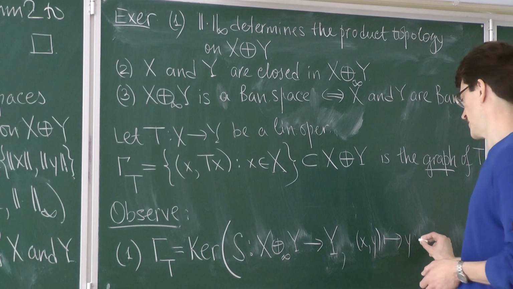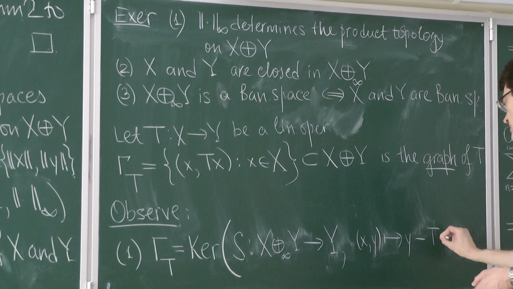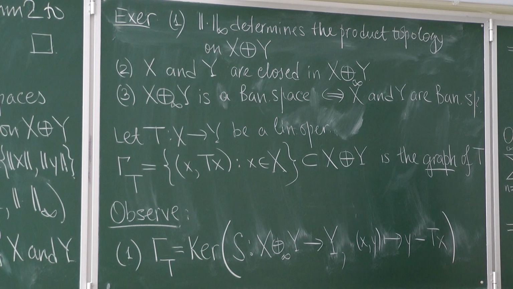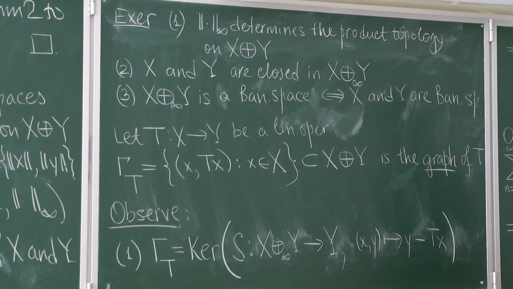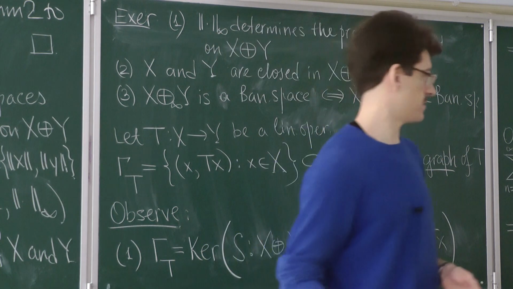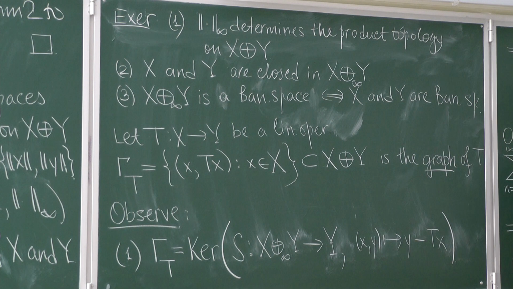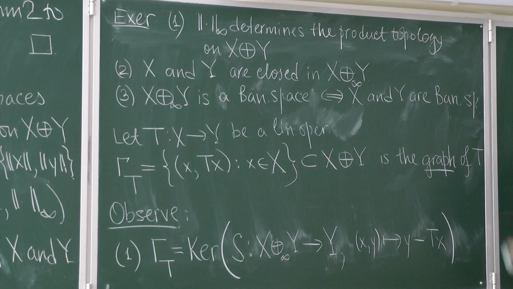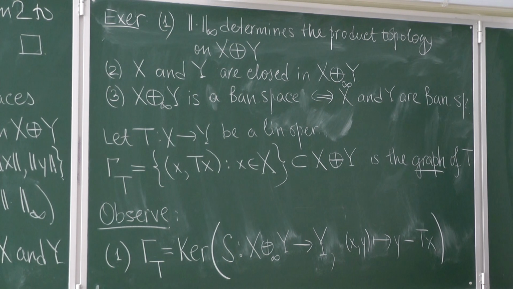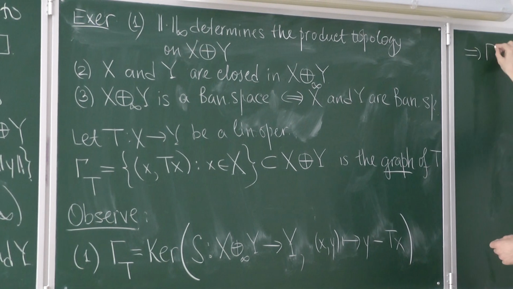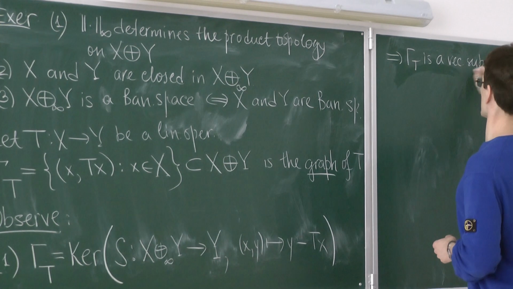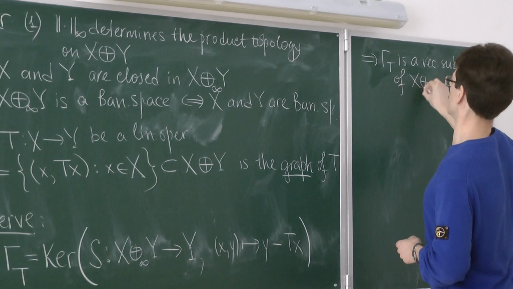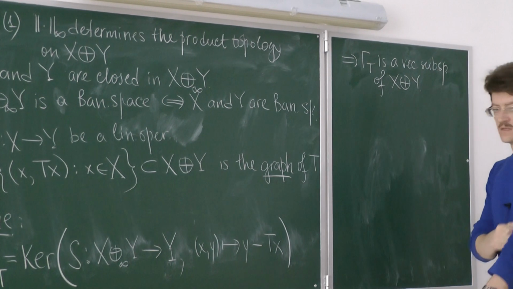It takes each pair (x, y) to y minus T of x. So clearly the kernel of this operator is nothing but the graph of T. And since the kernel of a linear operator is a vector subspace, we conclude that the graph is a vector subspace of the direct sum. So this is observation 1.